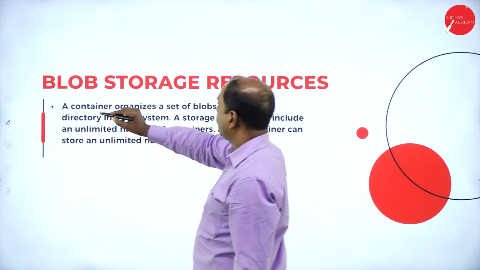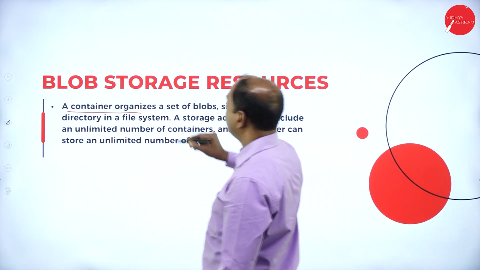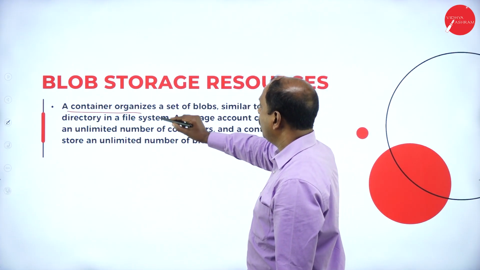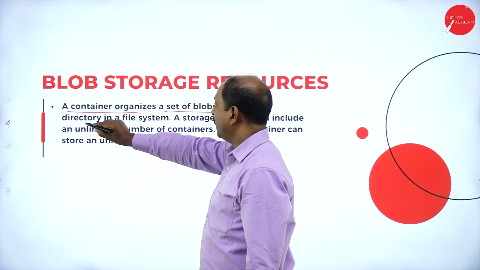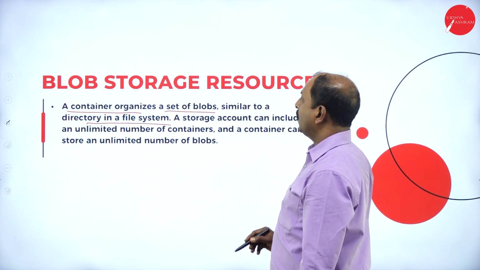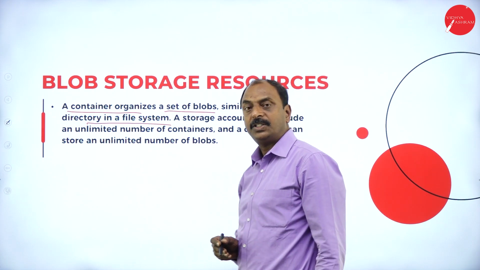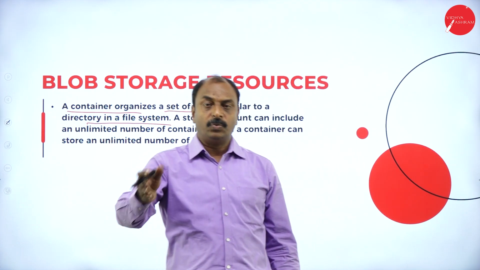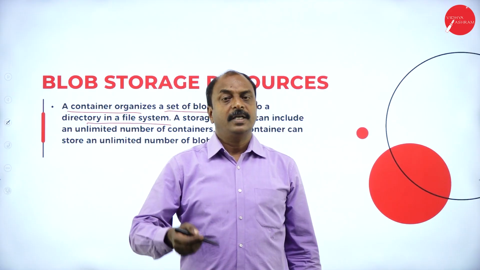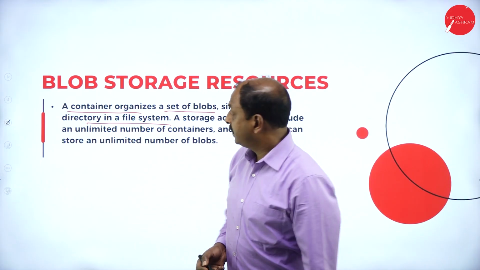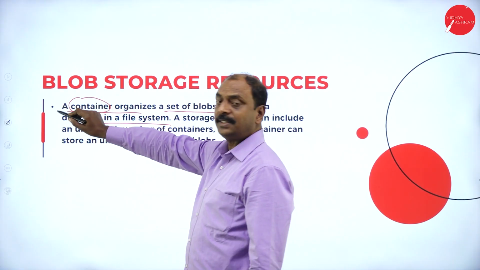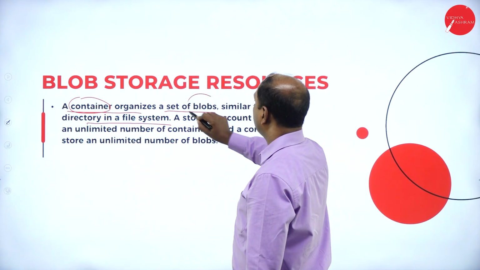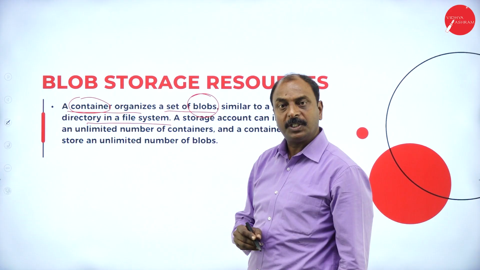Next one is the container. What is a container? A container is a location. It organizes a set of blobs, similar to a directory in a file system. Now we know what a directory in a file system is: you know what a root directory, subdirectory, and so on are. Similarly, the container organizes the data inside the blobs, where the blob is a storage location.